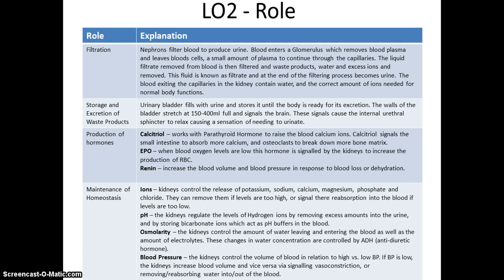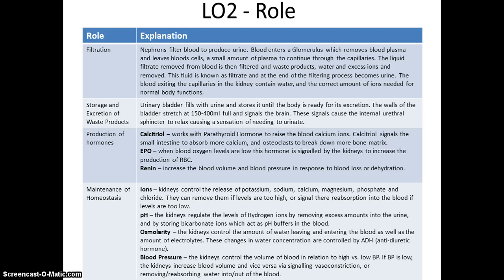Finally, blood pressure. So the kidneys control the volume of blood in relation to high versus low blood pressure. So it's a bit similar to what renin did before. If your blood pressure is low, the kidneys increase blood volume, okay, and vice versa. If your blood pressure is high, it decreases blood volume to maintain the amount of oxygen running around the body and to maintain the oxygen demands placed on the body by activity or whatever.